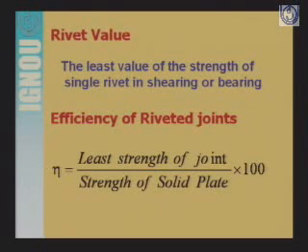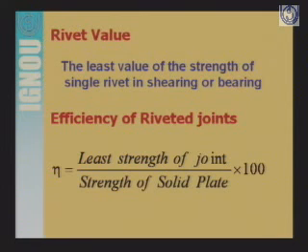Now finally, the efficiency of riveted joint. As you know, we are making holes in the plate to make the connections, so strength gets reduced, but we are providing the rivets in those holes.